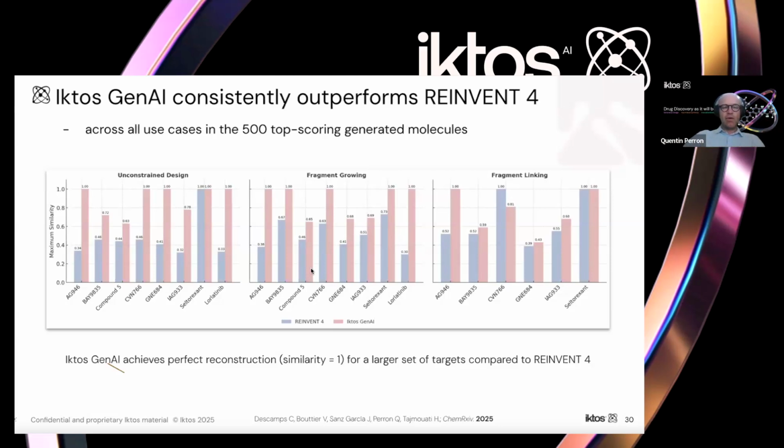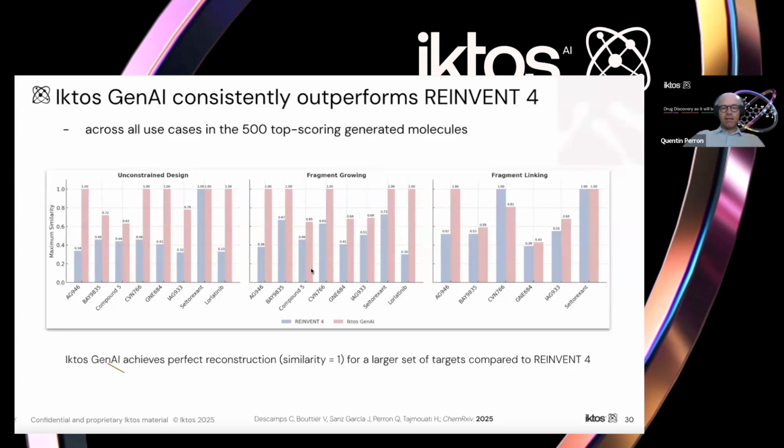As you can see here, when you reach a Tanimoto similarity equal to 1, it means that you have been able to find back the expected structures. And as you can see here in pink, Iktos is very often able to reconstruct the target molecules, whereas for reInvent, it's much more complex using this GenAI, and in most cases it's below Tanimoto similarity compared to Iktos.